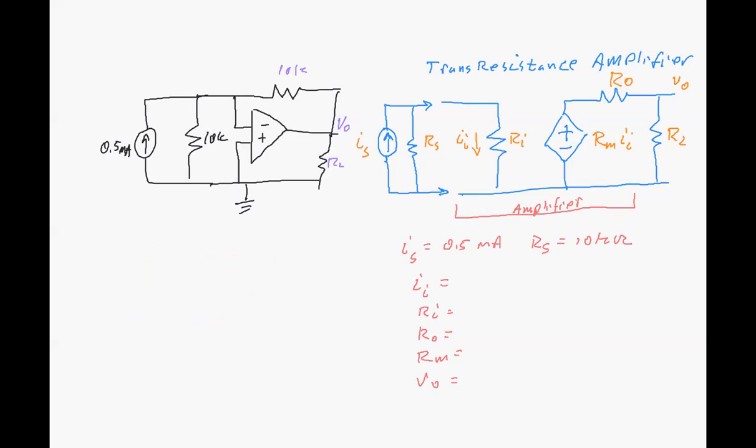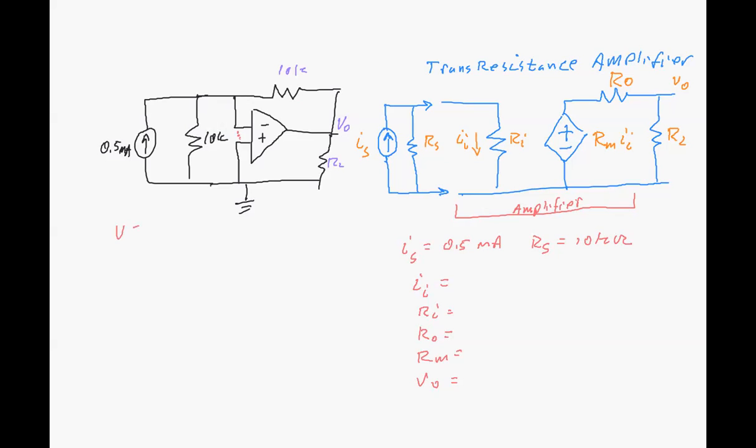Now, whenever you look at an op-amp circuit, if you see negative feedback resistance in a path like this back to the inverting input, that means you've got a virtual short between the inverting input and the non-inverting input.